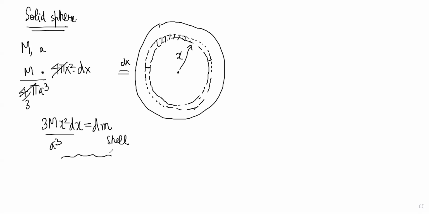Now think about it, if I have a point outside, this is the distance r, and I have a shell like this here. I know how to find potential due to this small shell at the point P, because I've learned in the previous case that if a point is outside the shell, we can imagine the whole shell as if it's a point mass at the center.